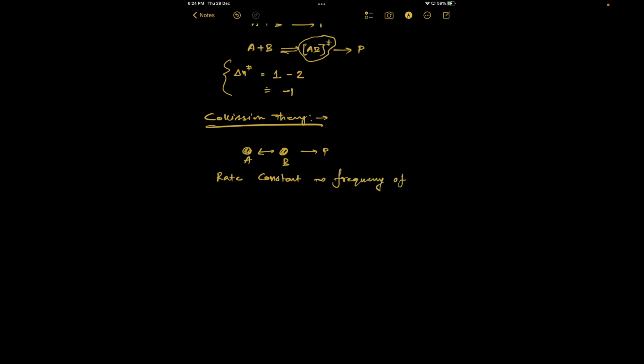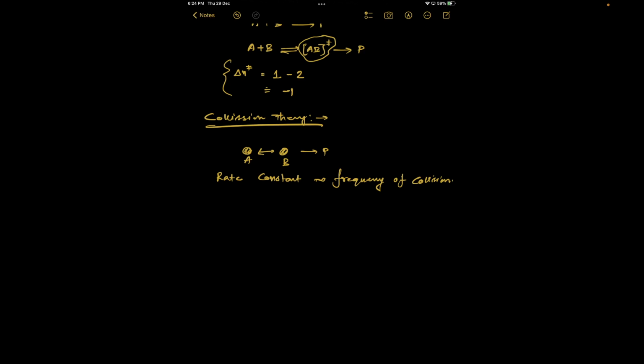That means the number of collisions happening per second, per unit time, between the reactant molecules. Frequency means the number of collisions per unit time happening between the reactant molecules. So now there is no energy criteria or orientation criteria here. The only approximation is that for product molecules to form, the reactant molecules have to collide with each other.